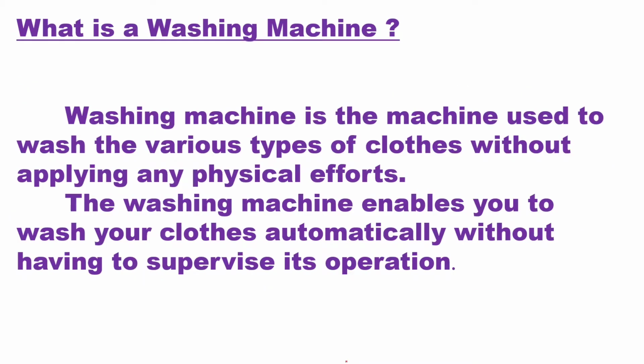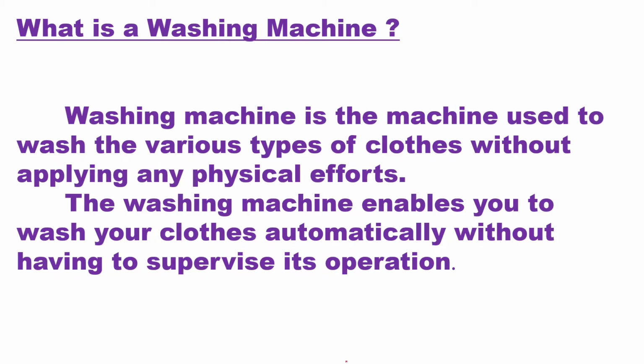So what is a washing machine? If you want to define it, a washing machine is a machine used to wash various types of clothes without applying any physical effort. That is, no physical effort is applied to wash the cloth.